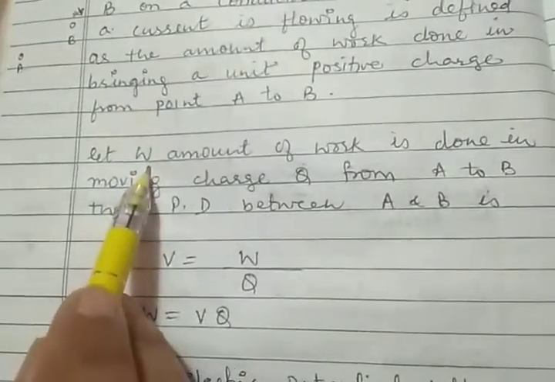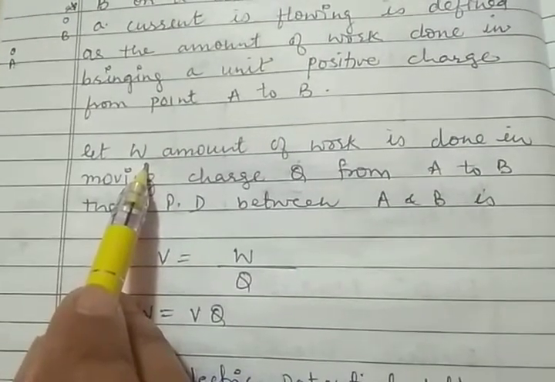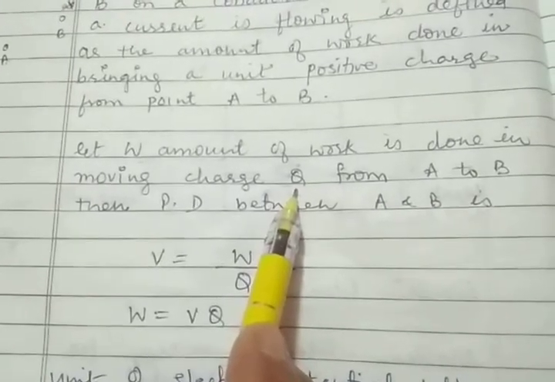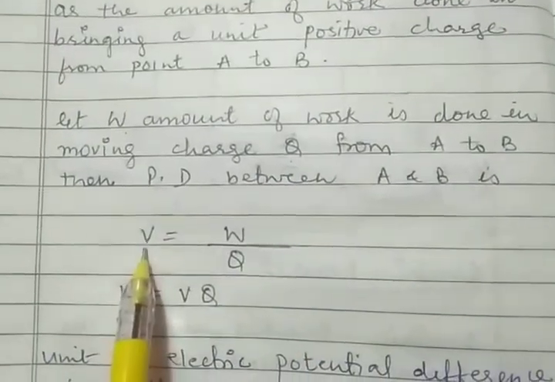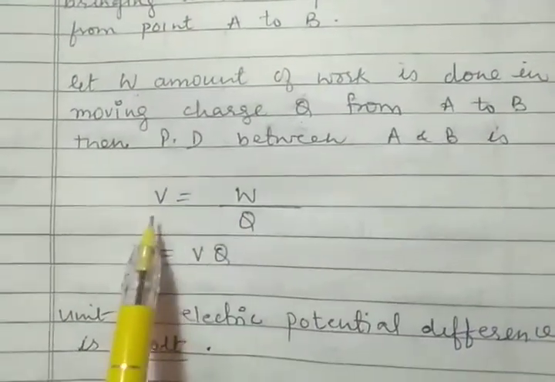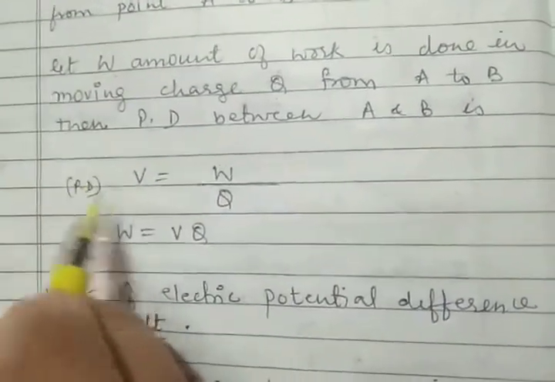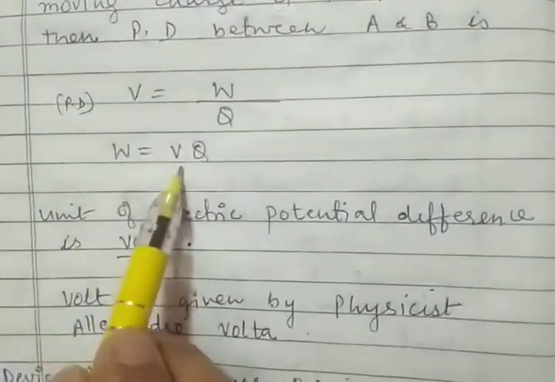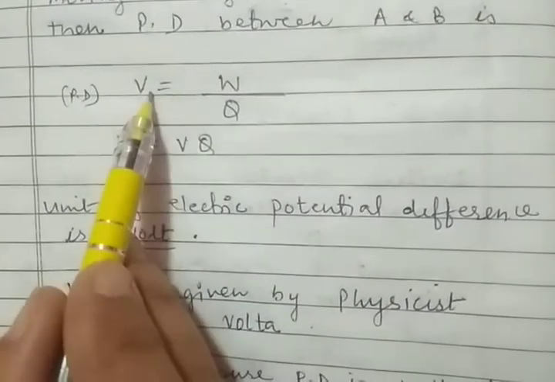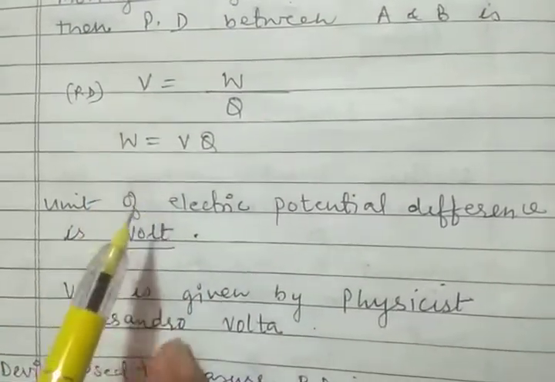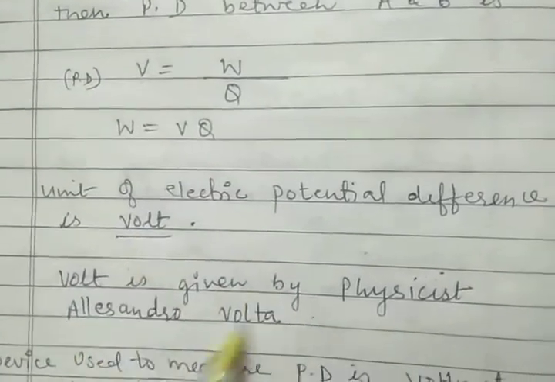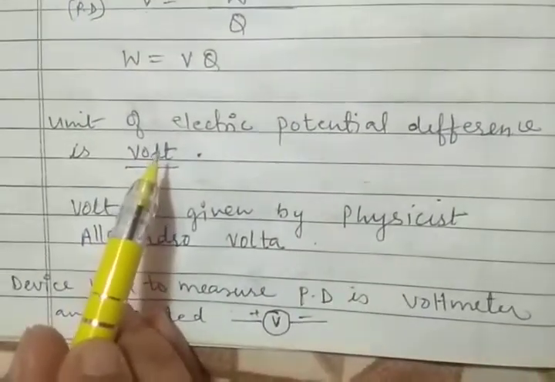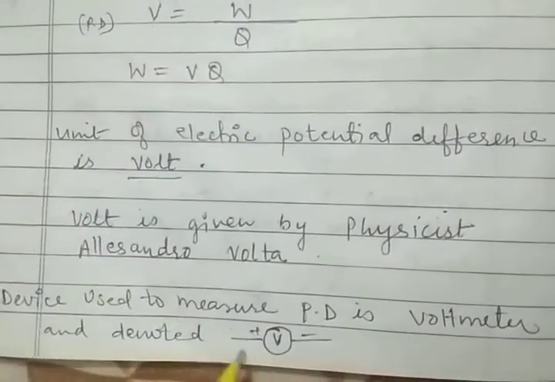For this, let us consider that W is the work done in moving the charge, and the charge Q is moved from point A to B. Now we will write the potential difference, represented by V, is equal to work done per charge, V = W/Q, and work done we can write as V into Q. This potential difference is measured in volt, named after the physicist Alexander Volta, and the device used to measure the potential difference is known as the voltmeter.